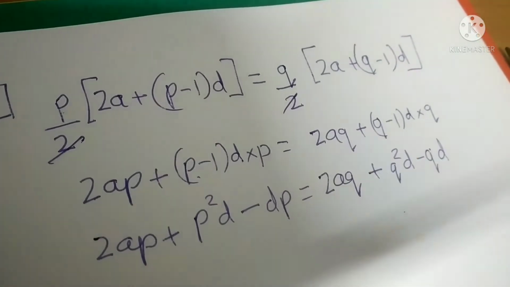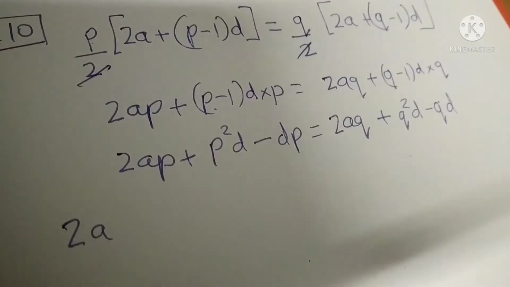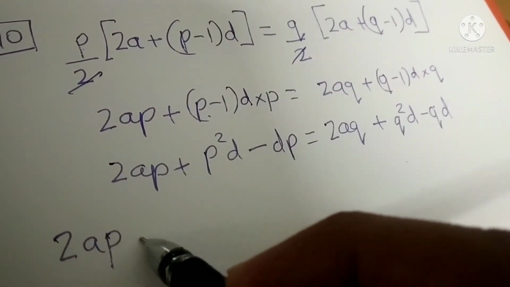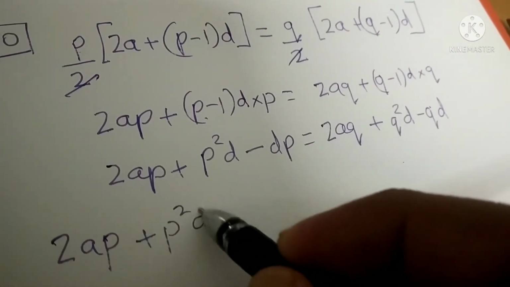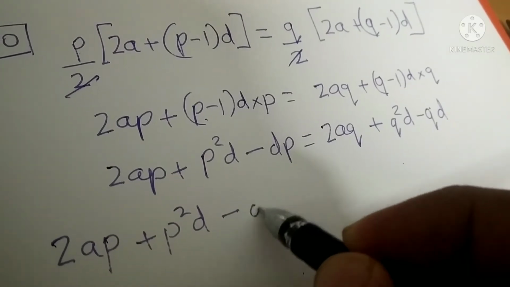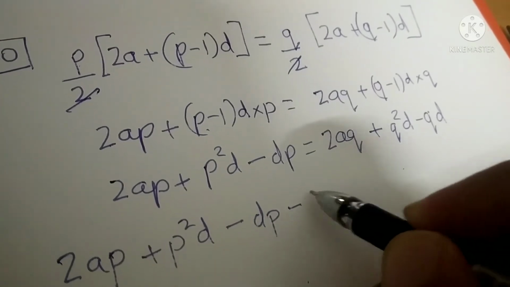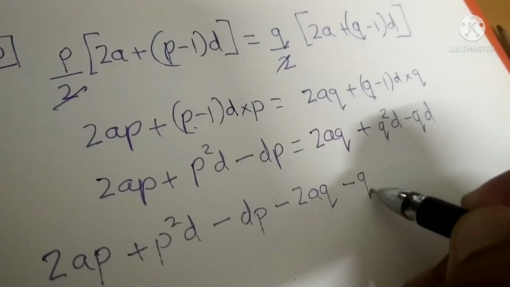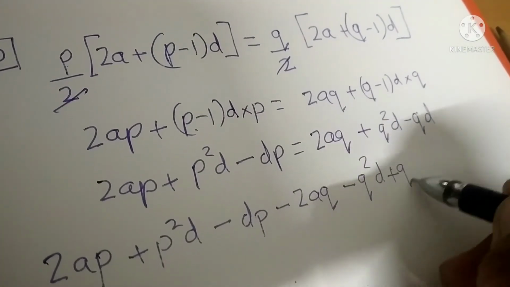So इसको इधर ले जाते हैं सबको. So this is 2ap plus p square d minus dp minus 2aq minus q square d plus qd is equal to 0.